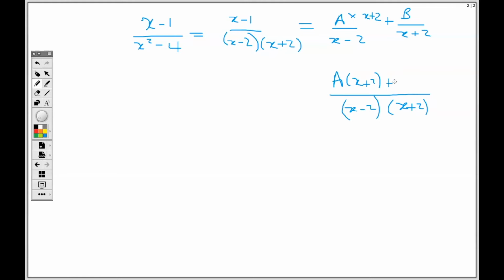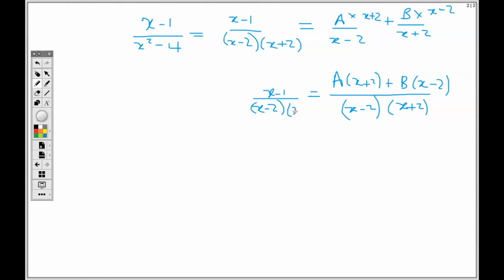Next, I will divide x plus 2 into the denominator here. The x plus 2 cancels. So what I'm left with is x minus 2 times the numerator B. So what I will have is B times x minus 2. Now, having this, what it's saying is that this is the same as x minus 1 all over x plus 2 times x minus 2.